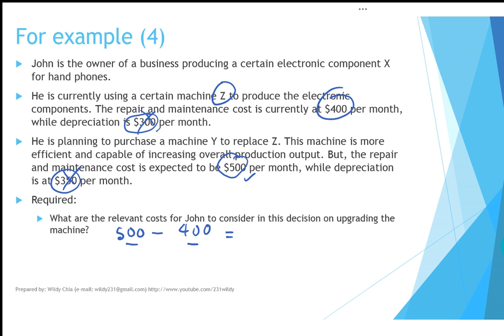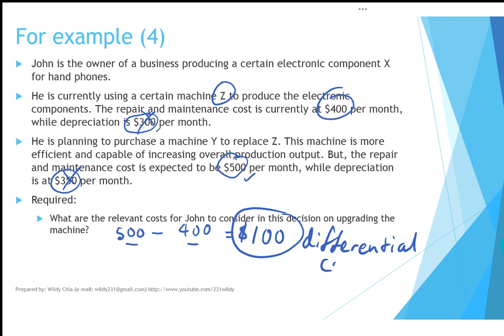So the relevant cost that John needs to consider is the additional 100 if he were to choose to upgrade the machine. Now this 100 is also better known as differential cost, right?